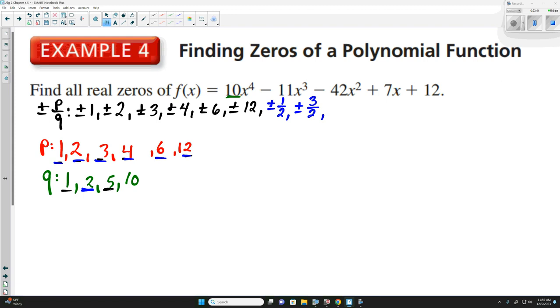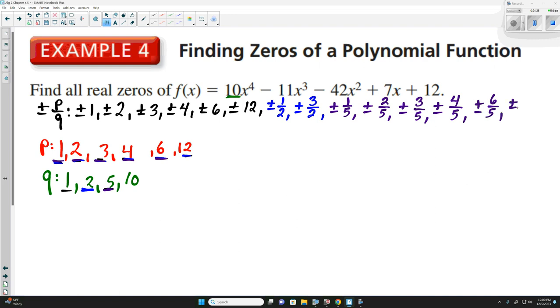Now we're going to move on to the next one, which is 5. We start off with 1 divided by 5, which is plus or minus 1/5. Then 2 divided by 5 is plus or minus 2/5. 3 divided by 5 is plus or minus 3/5. 4 divided by 5 is plus or minus 4/5. 6 divided by 5 is plus or minus 6/5.